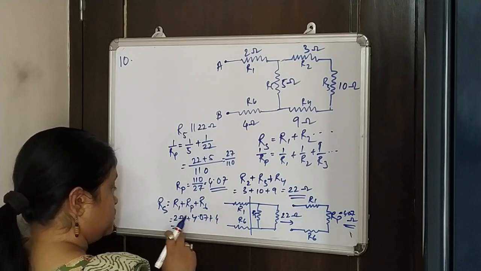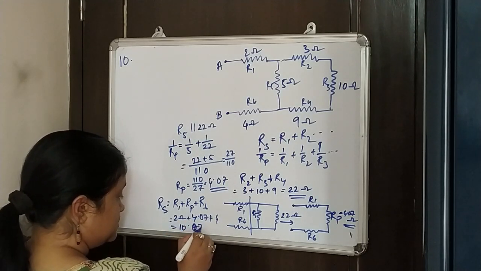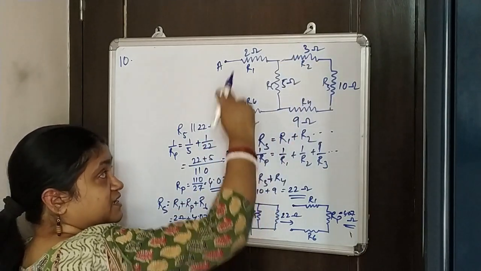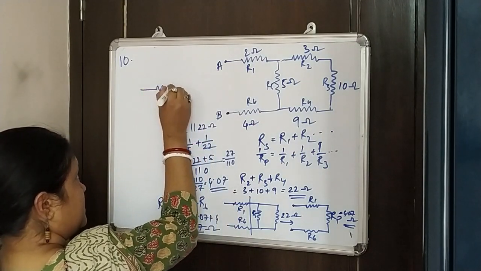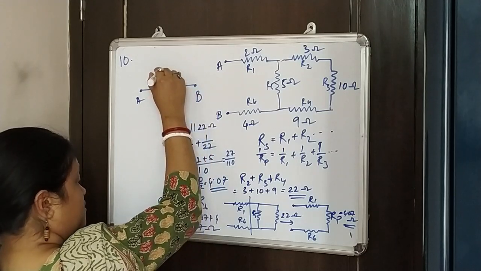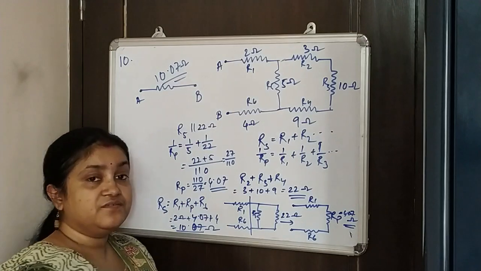So the answer is 10.07 ohm. So this whole equivalent circuit, you can write it as point A, B as 10.07 ohm, and that is what they have asked you.